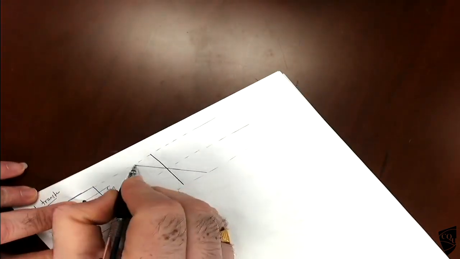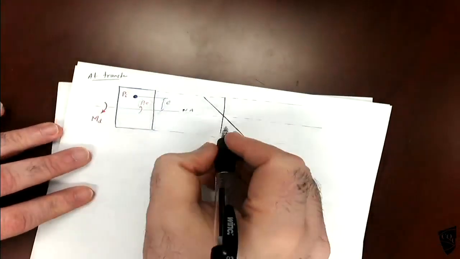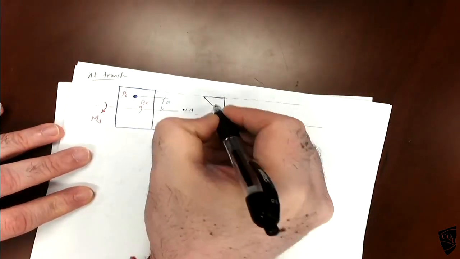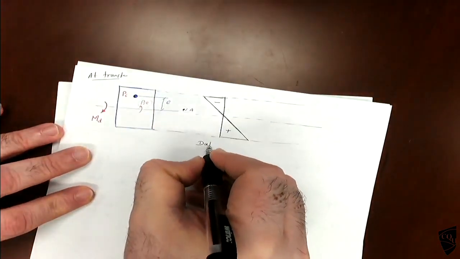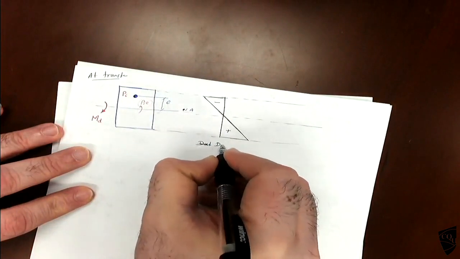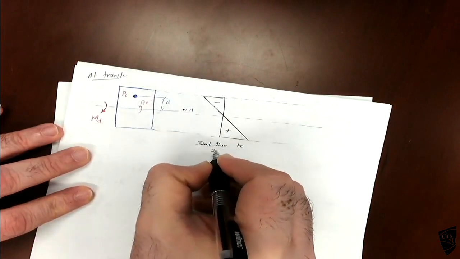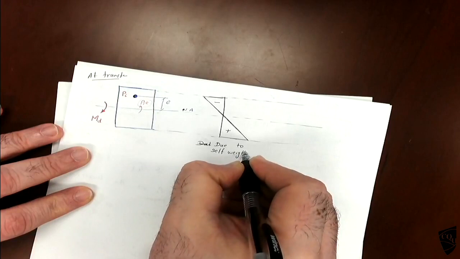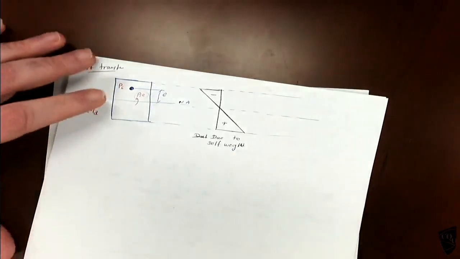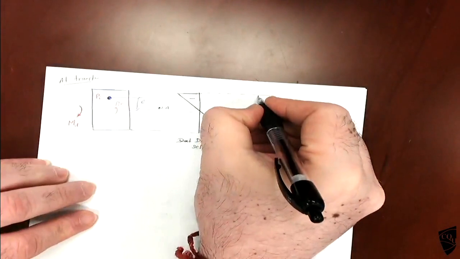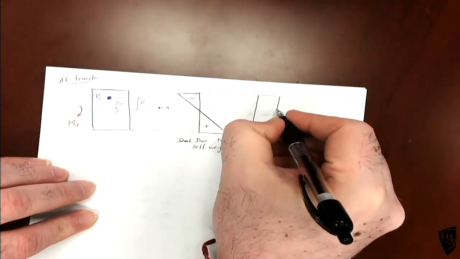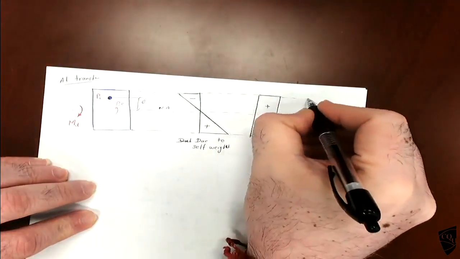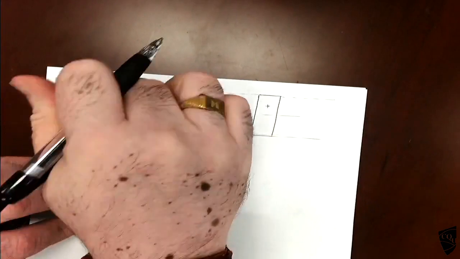So opposite stress block, careful, due to loading, due to self-weight, and then due to pre-stress, then due to eccentricity, that will turn like that.